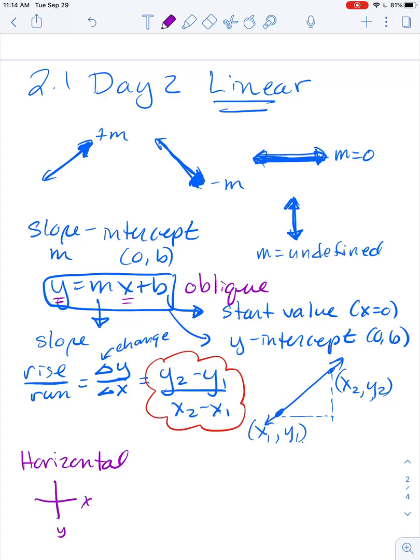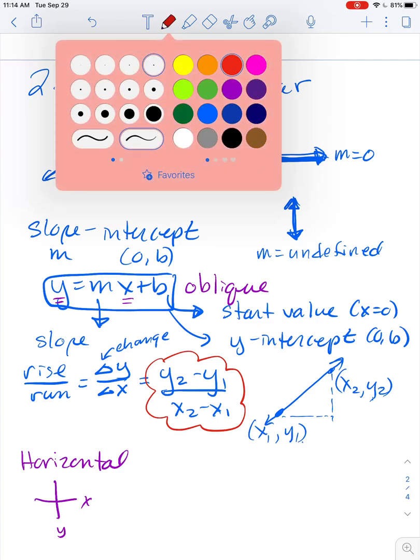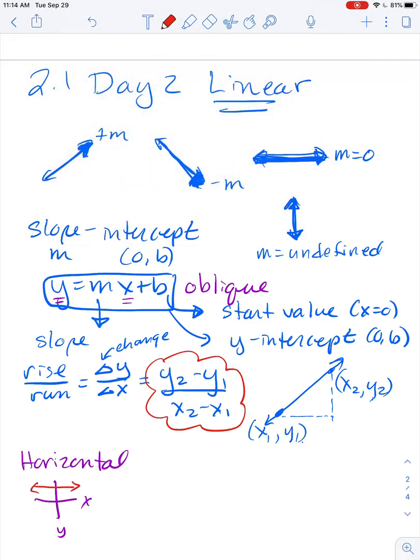If you envision a horizontal line in an XY graph paper, a horizontal line is only going to cross the y-axis. So its equation is going to be y equals a number. This is going to be the axis where it crosses, and this is going to tell you where. So if it crosses at 2, then it would be y equals 2.